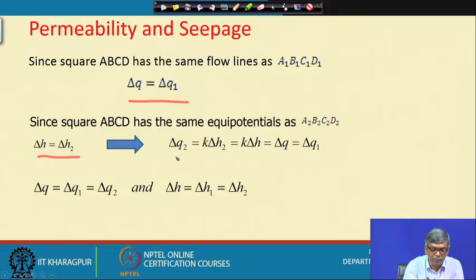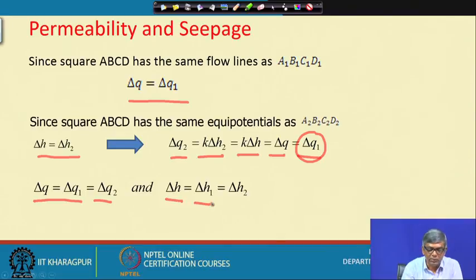So, this gives you del Q2 equal to k del H2 equal to k delta H, equal to del Q, again equal to del Q1. So, del Q equal to del Q1 equal to del Q2, and del H equal to del H1 equal to del H2.